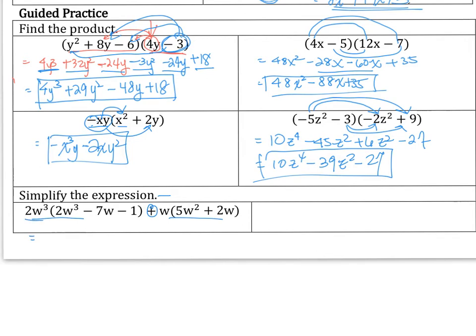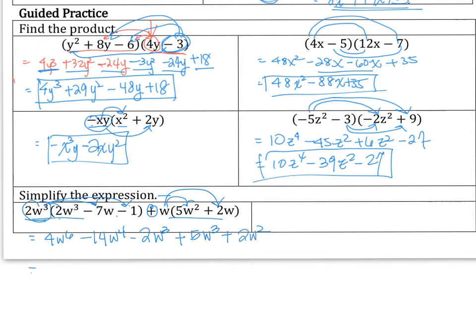So 2y cubed times 2y cubed is 4y to the 6th power. 2y cubed times negative 7w is negative 14w to the 4th power. 2y cubed times negative 1 gives you negative 2w cubed. And then we're going to add that to 5 times w cubed, because I distributed a w. I'm going to distribute the w again to get 2w squared.